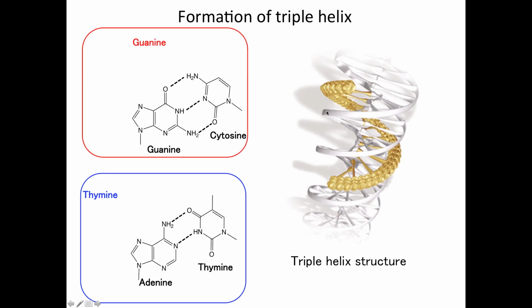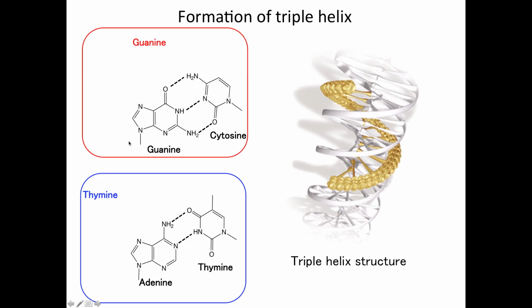Okay, so can you understand why the third strand can bind to the major groove in double-strand DNA? This is the structure of the base pairs, guanine-cytosine and adenine-thymine. This side is the major groove, and this side is the minor groove.